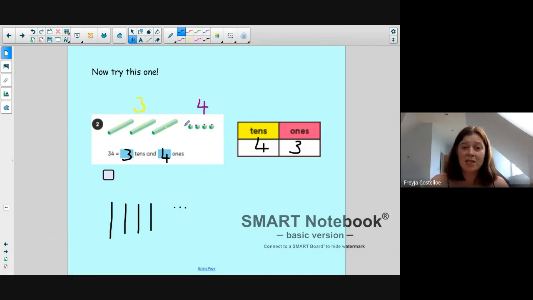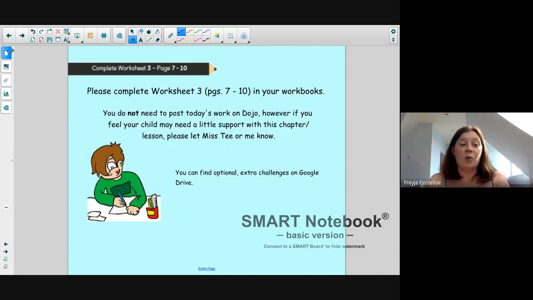I've got 3 sticks and 4 ones. So I hope you're saying, Miss Costello, don't be so silly. Because here I need 3. And digit 3 is representing my tens, and 4 is showing me my ones. Altogether, we have got 34.